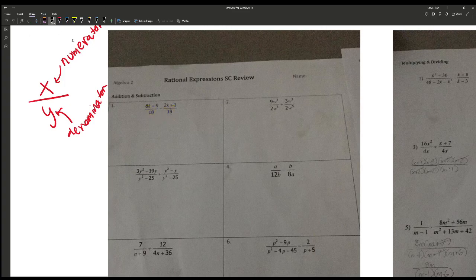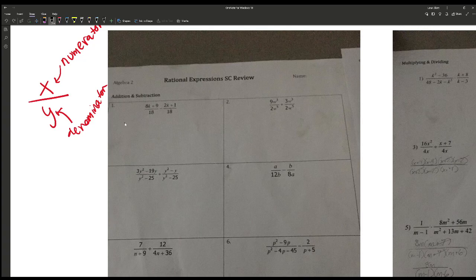So for this one in particular, let me make it even smaller. For this one, we have 8k plus 9 over 18 minus 2k plus 1 over 18. So since they're both over 18, what we can do is simplify it to this.